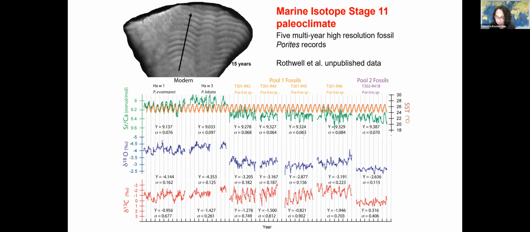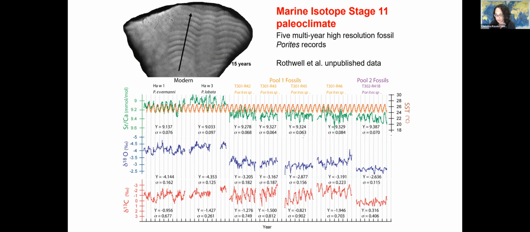What you can see really quickly to the eye is that the fossil samples from stage 11 have different mean values in strontium, calcium, and oxygen isotopes, and that the variability, generally speaking, is somewhat similar in terms of amplitude, but there's this offset between them.